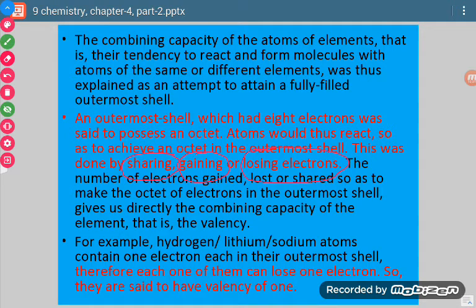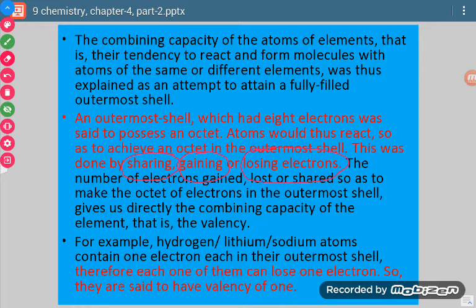Out of these 3, something will happen in the atom which will result in the formation of 8 electrons in the outermost shell. In this process, when it loses or gains or shares, the number of electrons or atoms with which it combines is known as its valency, or its combining capacity.